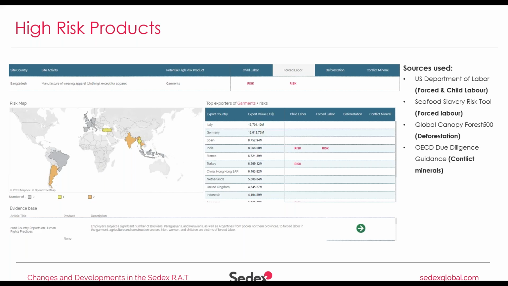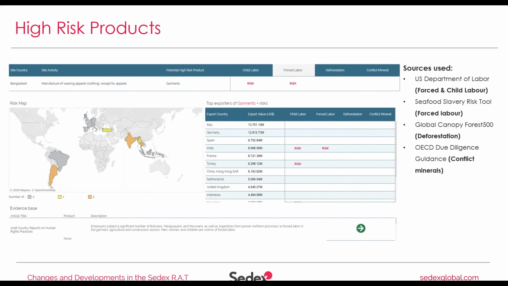And they will draw on particular sources that have highlighted where there might be risks associated with these areas in particular countries and related to particular commodities. One source that some of you might be familiar with is the US Department of Labor's list of goods produced by forced and child labor, which is a relatively comprehensive list that shows where particular commodities in particular countries are known via their research to sometimes be produced with either forced or child labor.